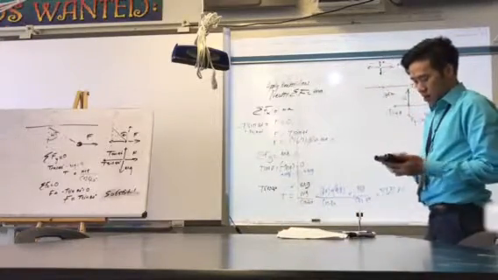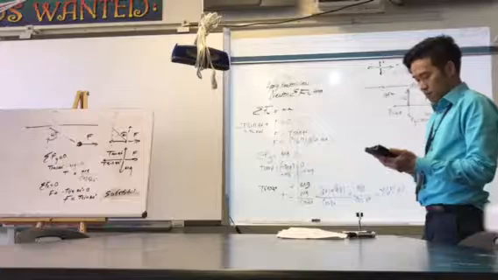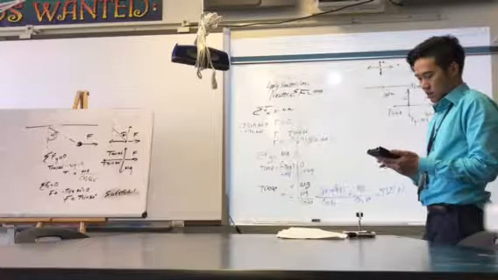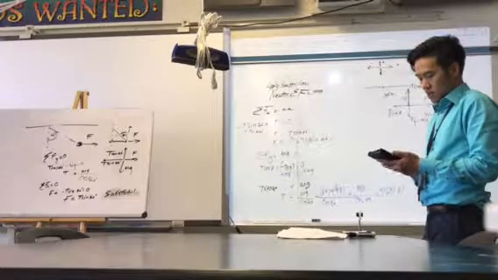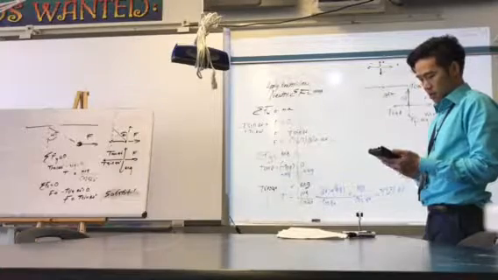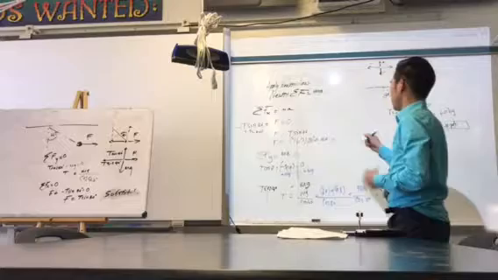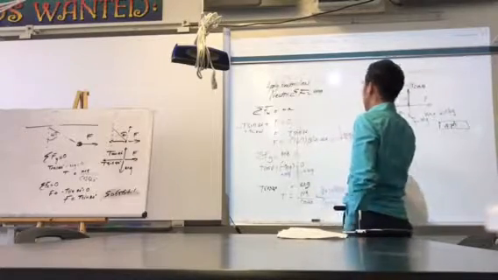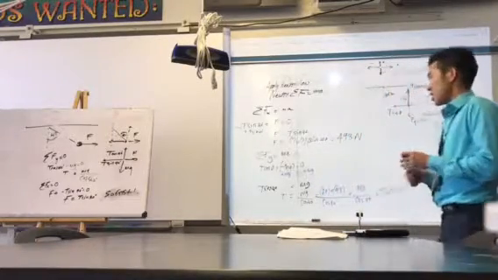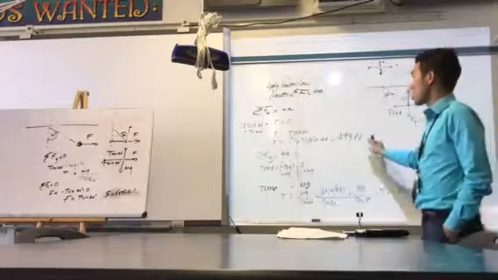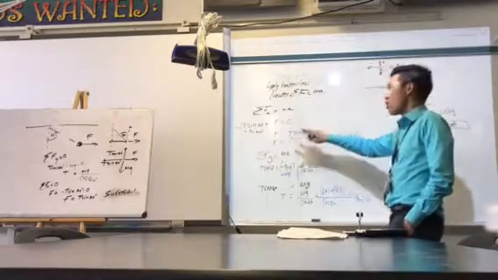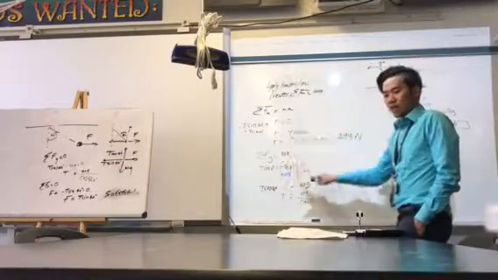So on the calculator, I will just do 767 times sine 40. That should give me the answer, which is 493. So as you can see, in order for me to solve for this one, I must utilize both the forces in the x and the y direction.